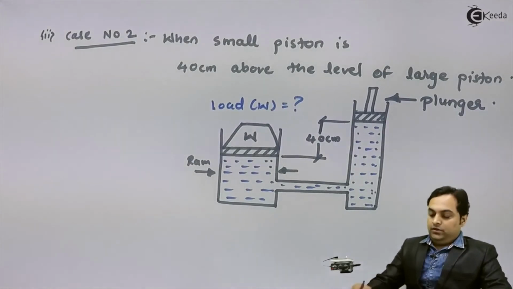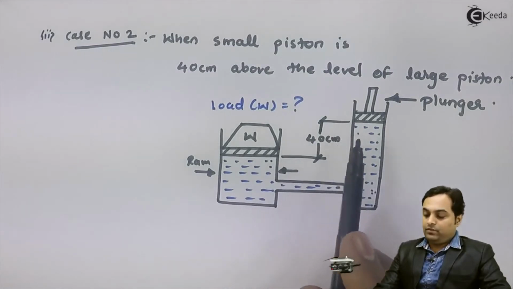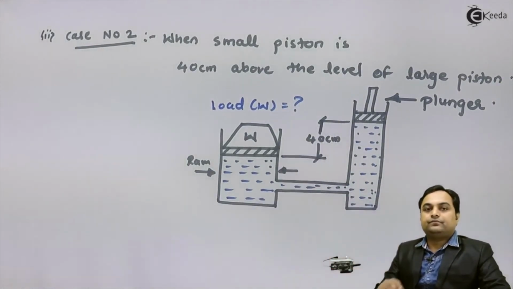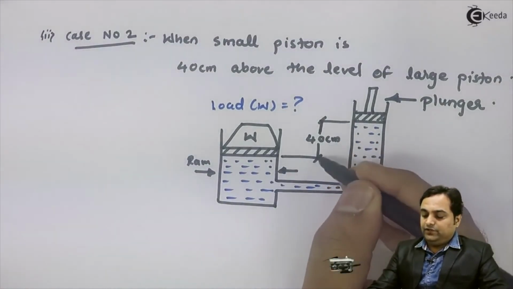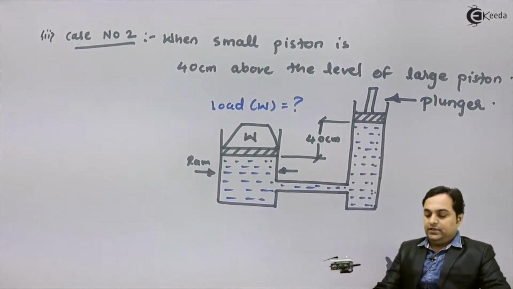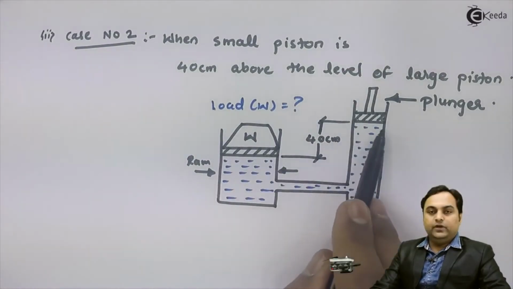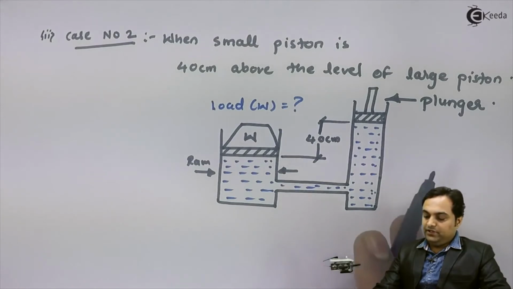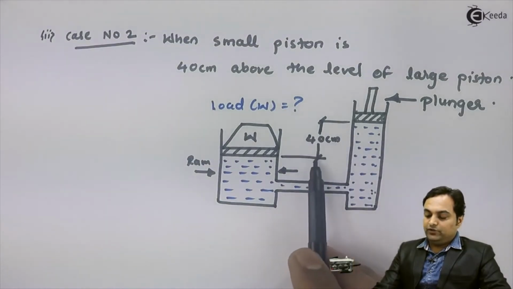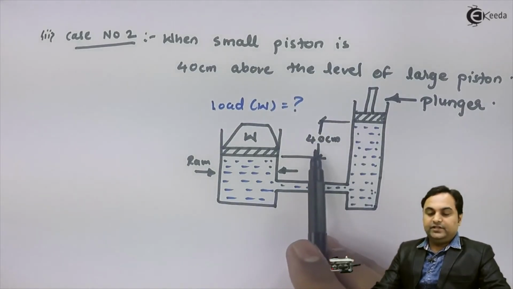For such kind of problems where the piston levels are not the same, because of the height difference there is an added pressure because of the height of the fluid which is increased. In the previous case, when both the pistons were at the same level, there was no additional pressure. But here, since we have a column of 40 centimeter of fluid additionally filled at the plunger end, there is an added pressure.